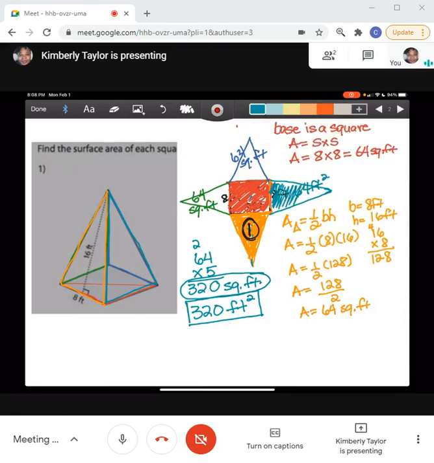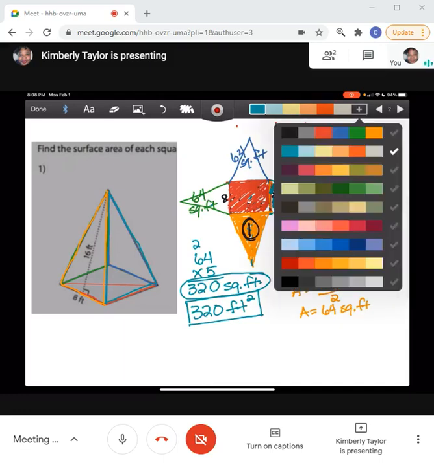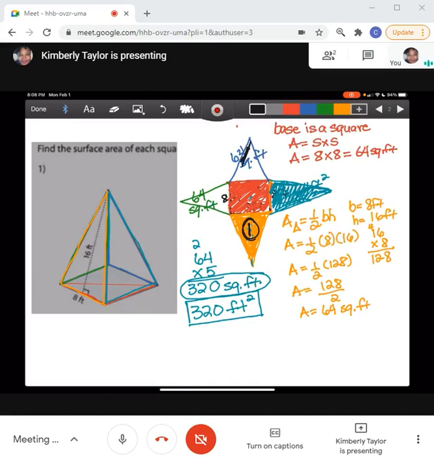We got this one right here, and then this one right here, and then we have this one here. So how many surfaces do I have? I have 1, 2, 3, 4, and 5.